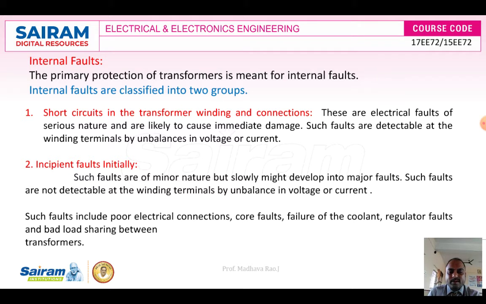Other incipient faults are regulator faults and bad load sharing between transformers. A transformer has three windings for three phases.